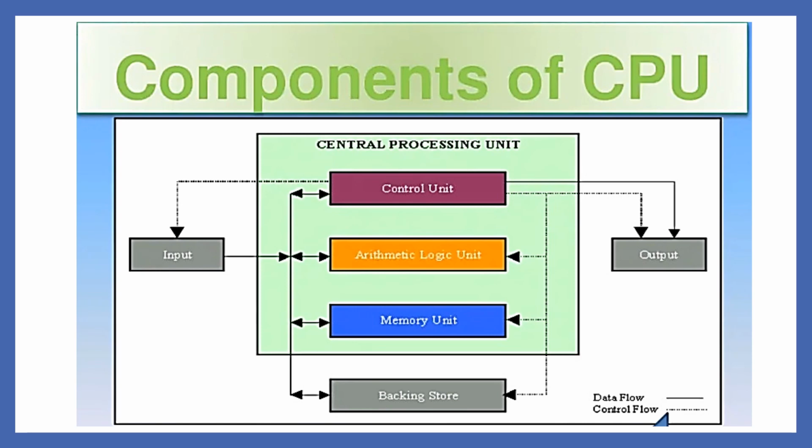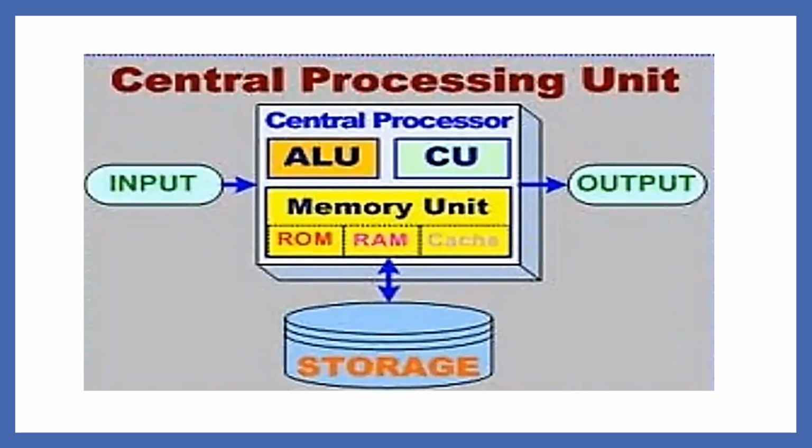Now the CPU, or central processing unit, has three main components, which are the control unit, the arithmetic logic unit, and the memory unit, and there is also the backing storage, that is the secondary storage, where you can store data permanently.